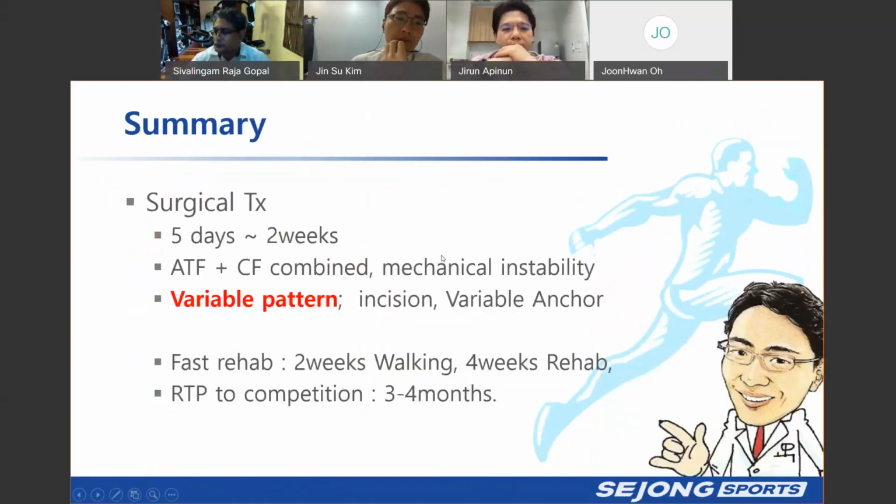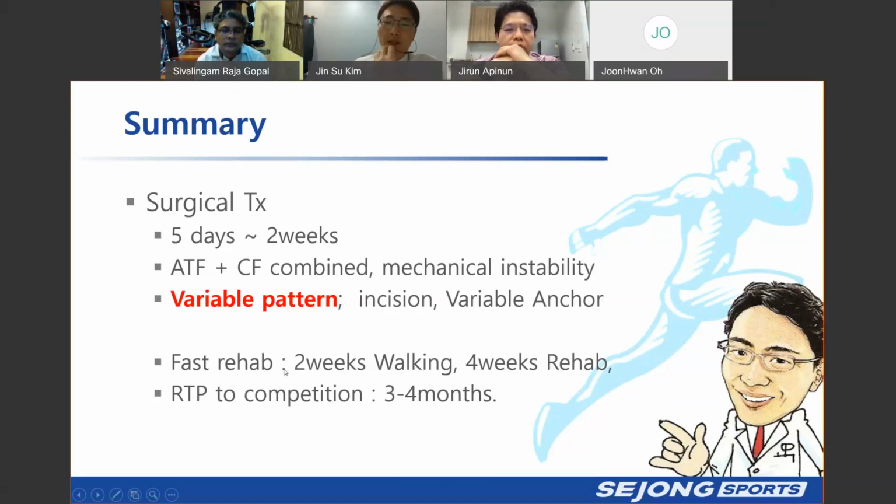If we treat surgically, we just repair within 5 or 2 weeks. So if we have various patterns, we need to choose various incisions and variable anchors. However, if you treat it surgically immediately, we can make a very fast rehab.